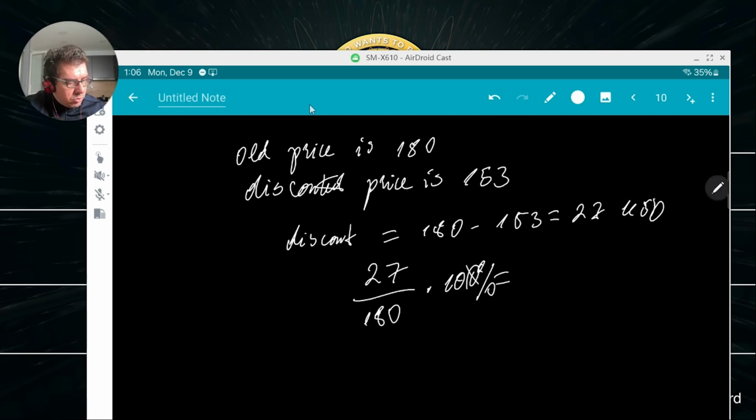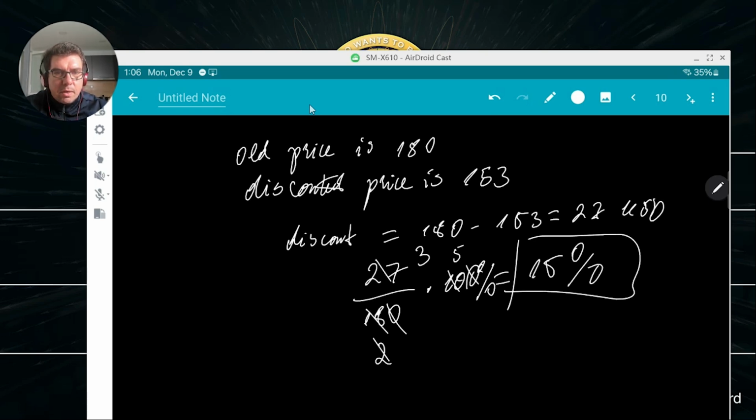So we can reduce 10 with 10. 18 we can reduce by 3 with 27. No, we can reduce by 9, right? 27 divided by 9 is 3. 18 divided by 9 is 2. And then we reduce 2 with the 10 that's remaining. We get to 5. So 3 times 5, 15%.